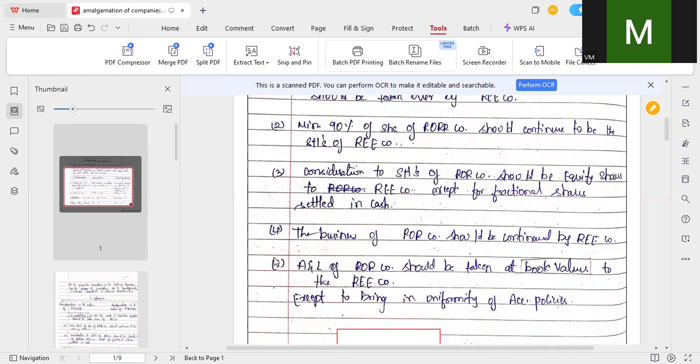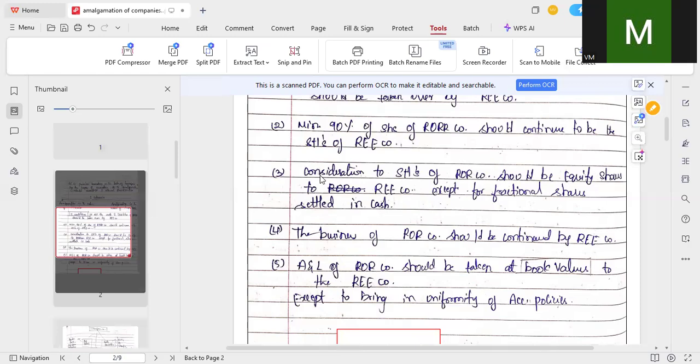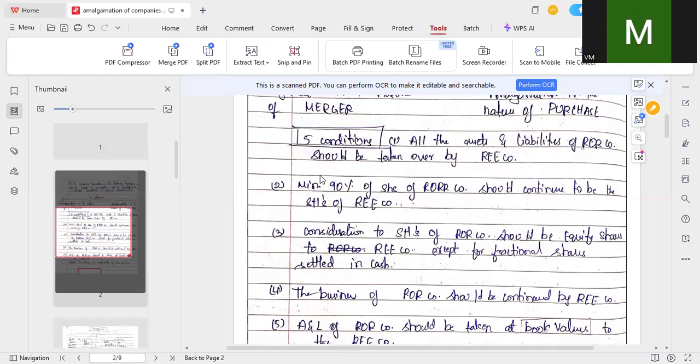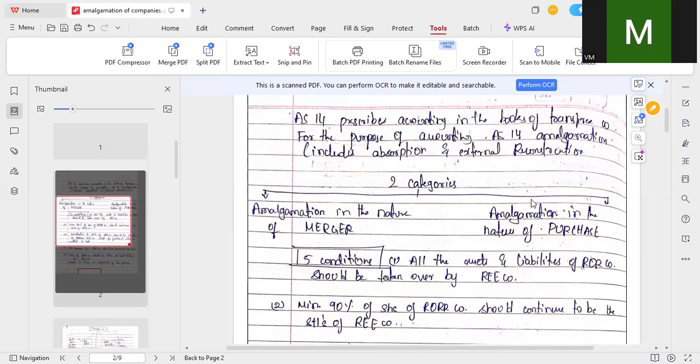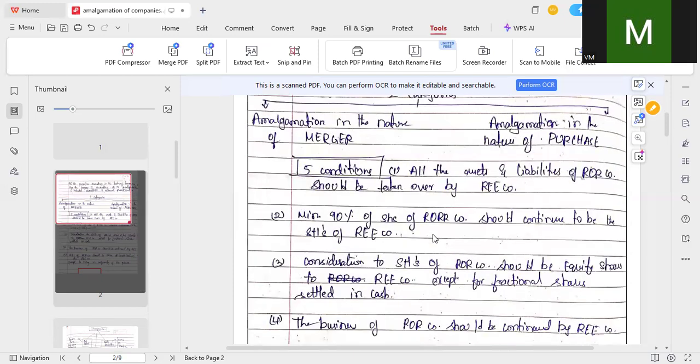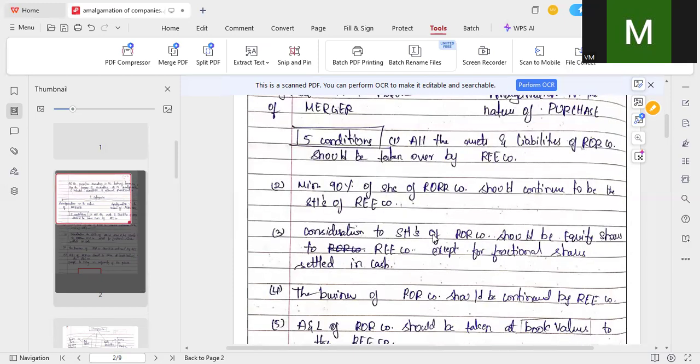One thing I missed telling you is, if all the five conditions are satisfied, it becomes amalgamation in the nature of merger. If any one of the conditions is not satisfied, then it becomes amalgamation in the nature of purchase. You may say that from Instagram, I will take only this asset, this asset, this asset, and I won't take that asset.